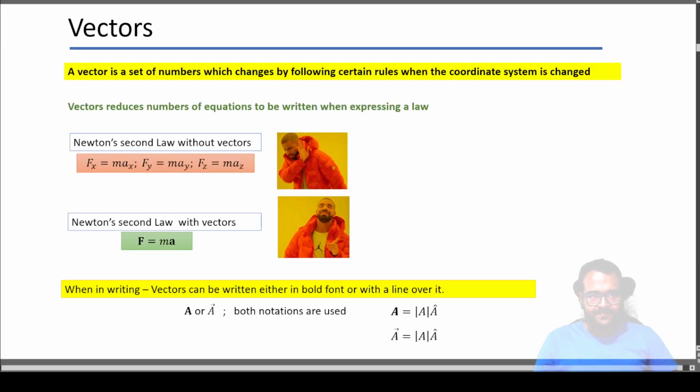begin. What are vectors? Any vector, you know, is a set of numbers which changes by following certain rules when a coordinate system is changed. You get very much perplexed right now.